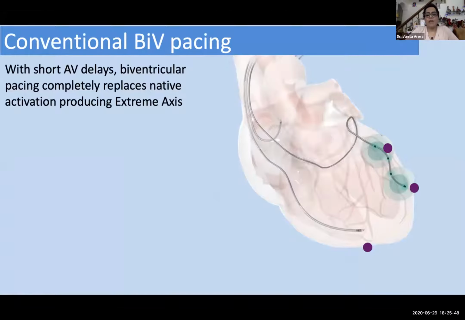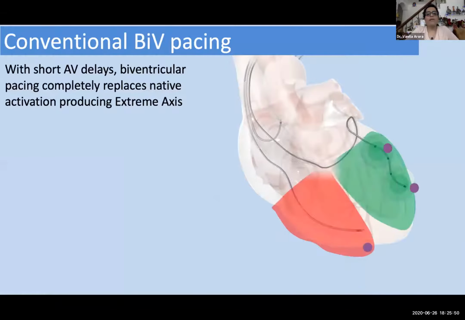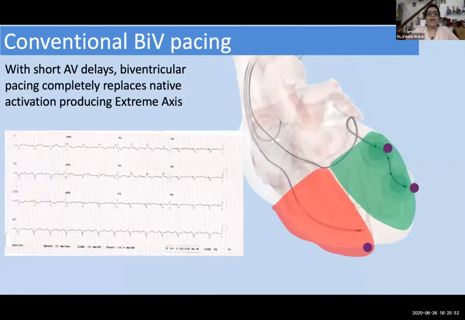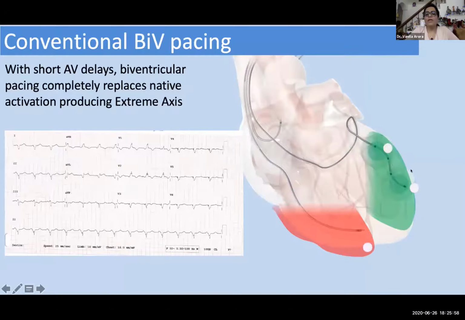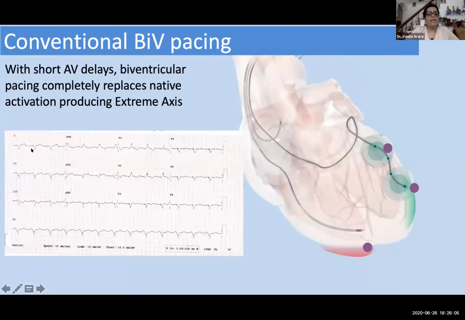This is the conventional biventricular pacing, whereby we program a shorter AV delay, and the native activation is replaced by an extreme axis with pacing from both the LV and the RV, and the QRS on the ECG shows positive V1 and negative lead 1 and the extreme axis that we have just discussed.